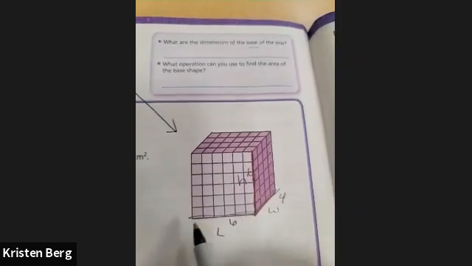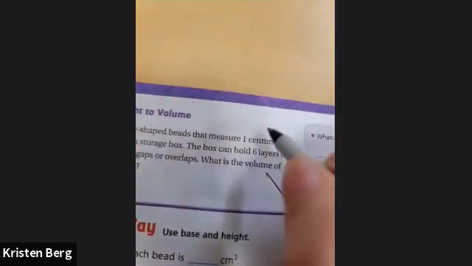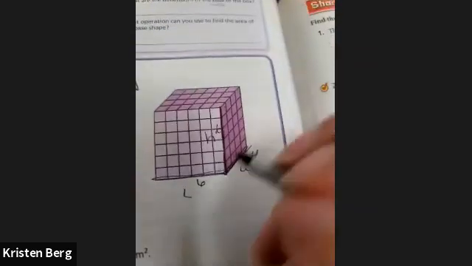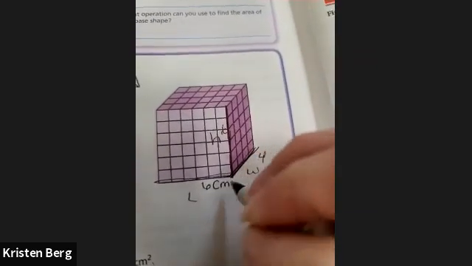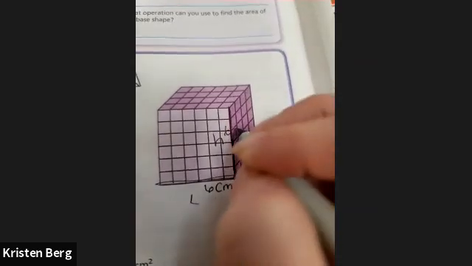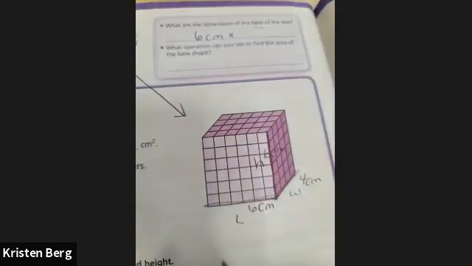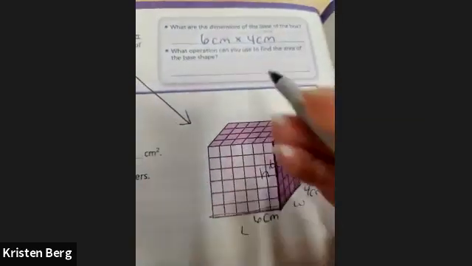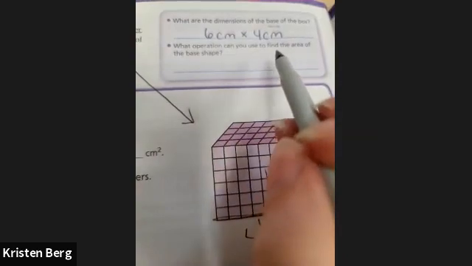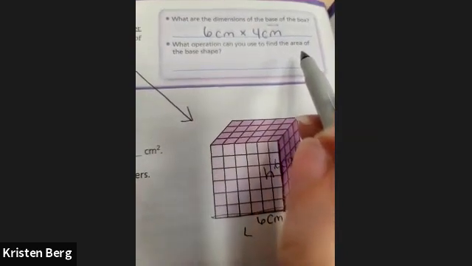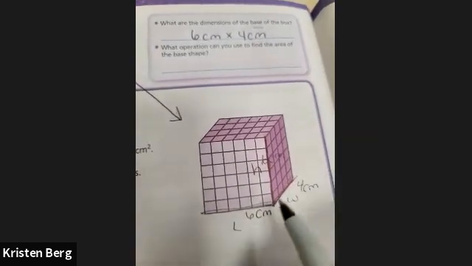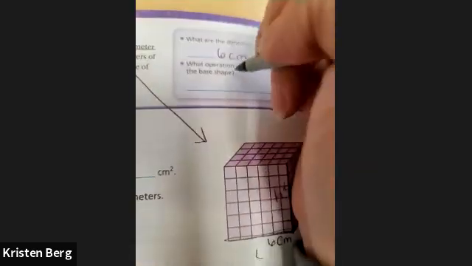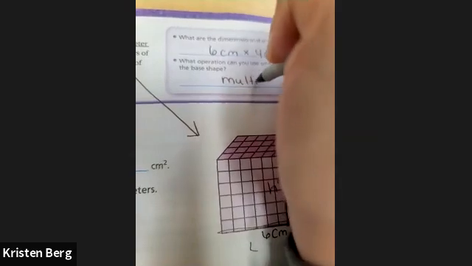Well, remember each one is in centimeters. So therefore the dimensions are 6 centimeters by 4 centimeters. What operation can you use to find the area of that bottom shape? Well, to find that bottom shape, you need to multiply those.